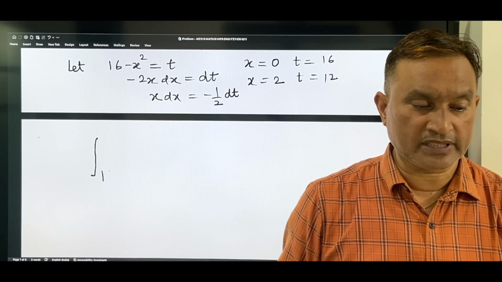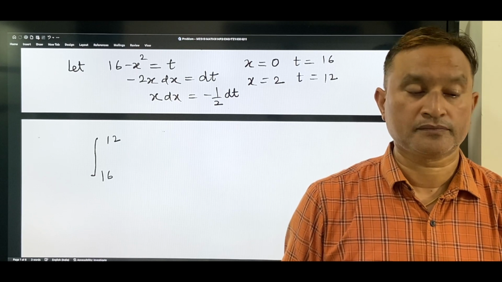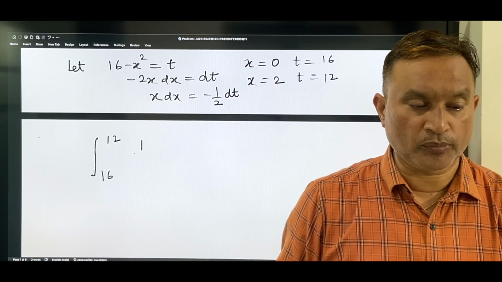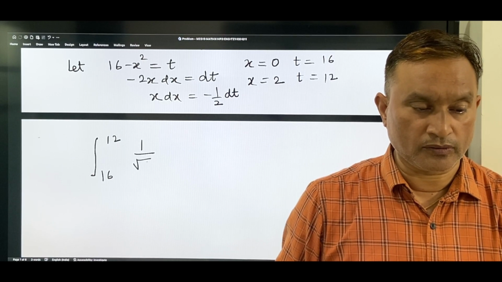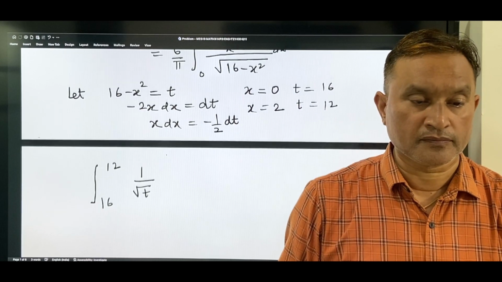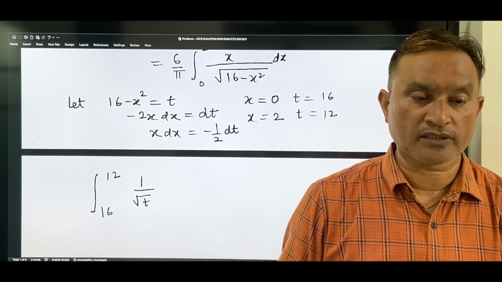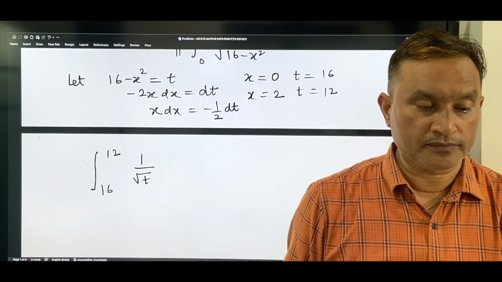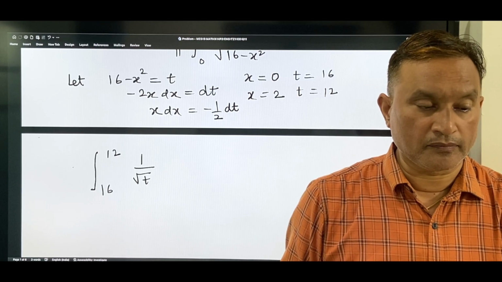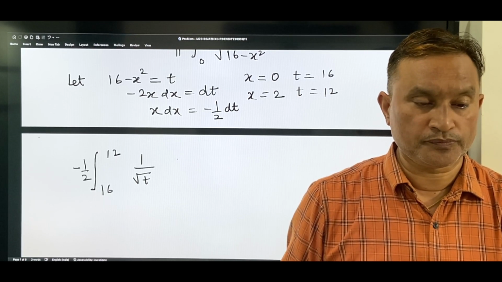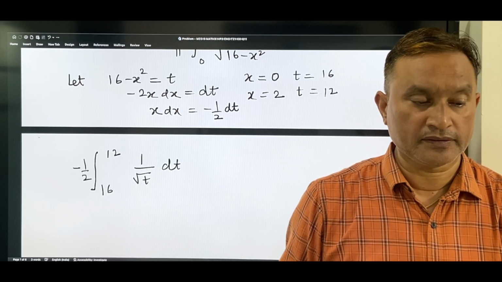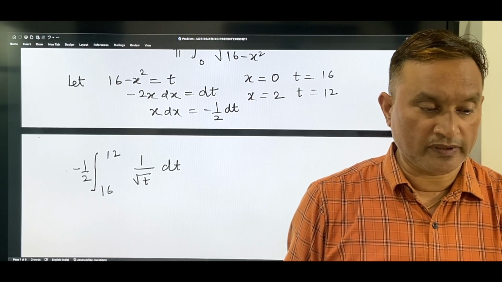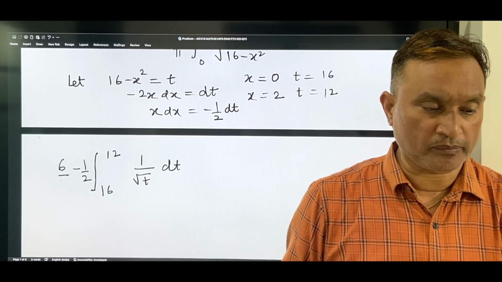The limits would be 16 and 12, and 1 upon root t, and in place of x dx we will be writing minus 1 upon 2 dt, and here 6 upon pi, so we will be writing 6 upon pi.